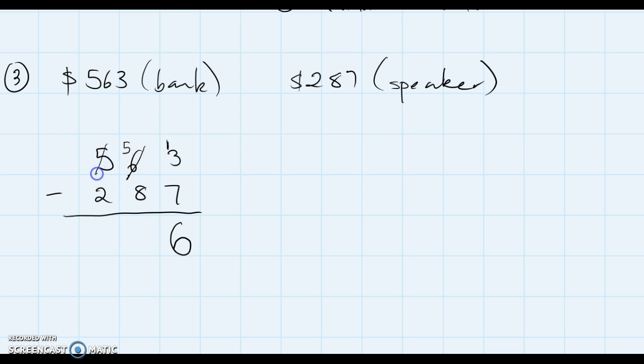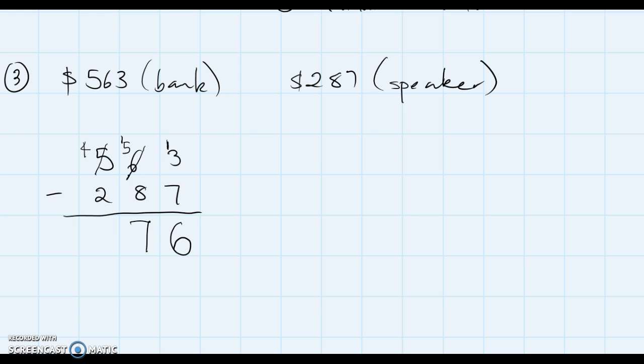So now that becomes 400. And when we put that 100 here, now that becomes 15 tens, take away 8 tens. So 15 tens take away 8 tens equals 7 tens.